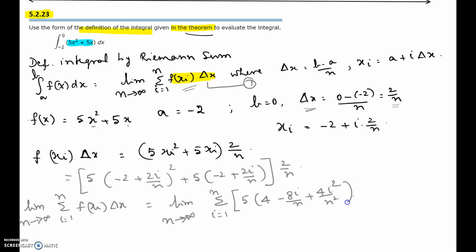That is the first part. Then if you distribute the 5 here, that is negative 10 plus 10i over n, then the whole thing multiplied by 2 over n.